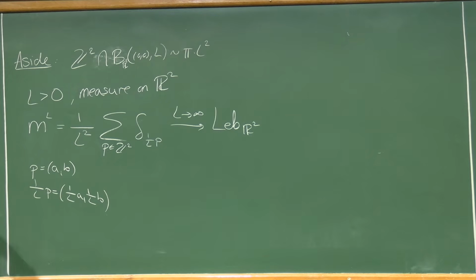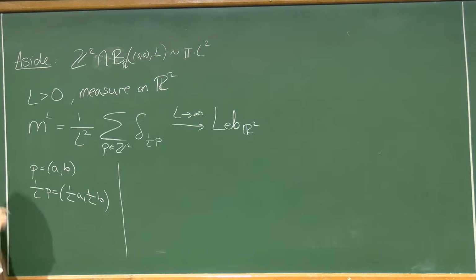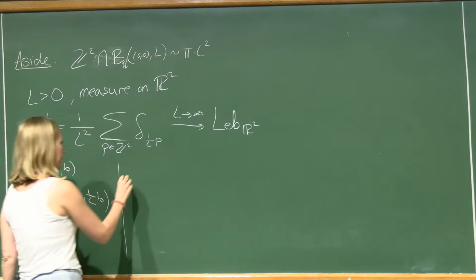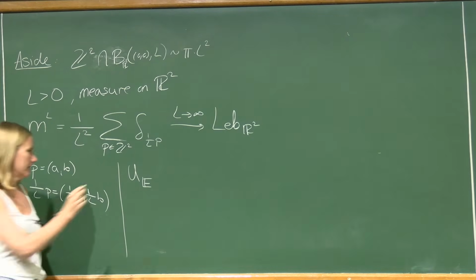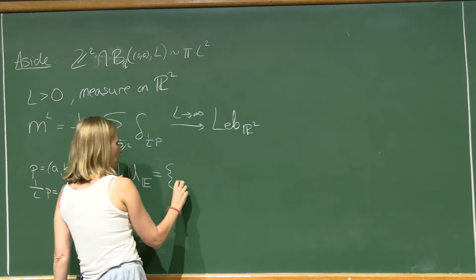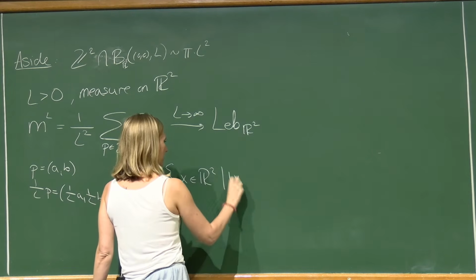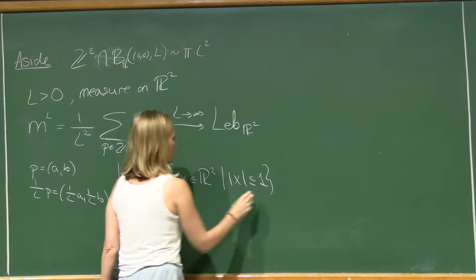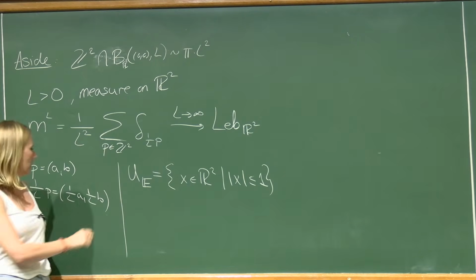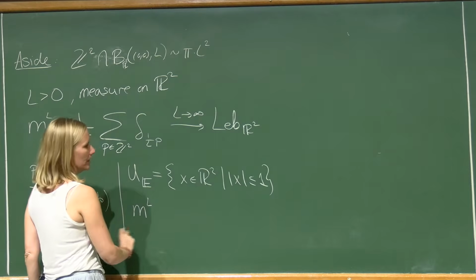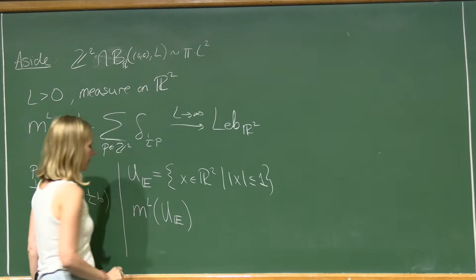Okay. So why do I say this? Well, what if we evaluate these measures at the unit ball in R2? So let me write the unit ball, in the Euclidean setting, because I'm doing hyperbolic soon: all x in R2 of norm at most 1. So in other words, really the usual unit disk in R2. So what is M_L, this measure evaluated at this set?